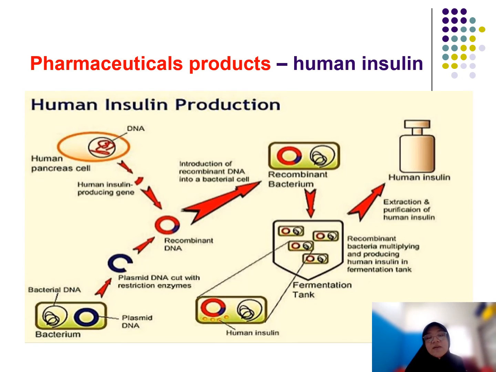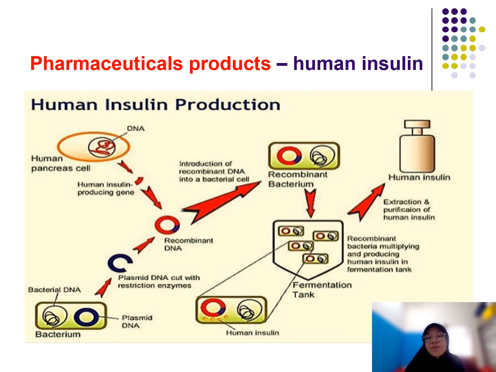the host, okay, bacteria. The bacteria tadi akan clone, dia akan multiply, dia akan amplify. So then each bacteria cell tadi, it will express protein, okay, the gene tu akan melalui proses of expression, okay, producing protein or known as insulin here.